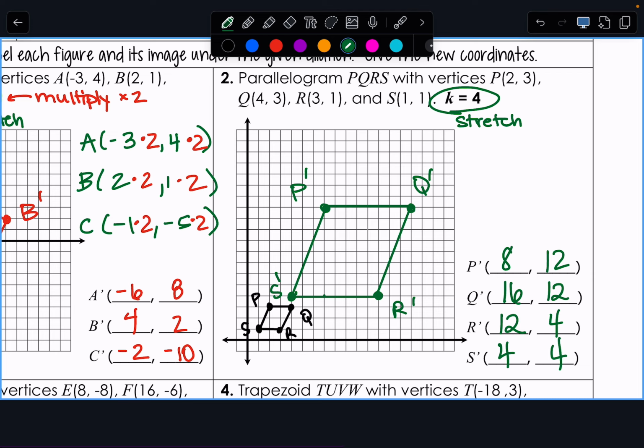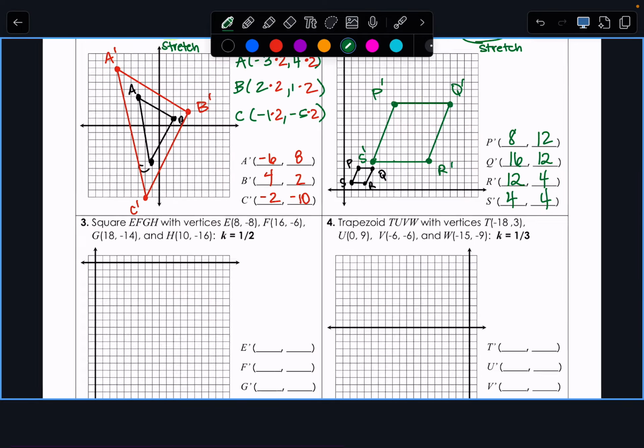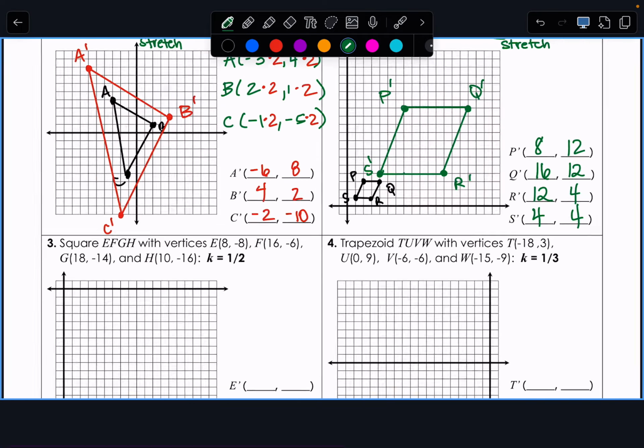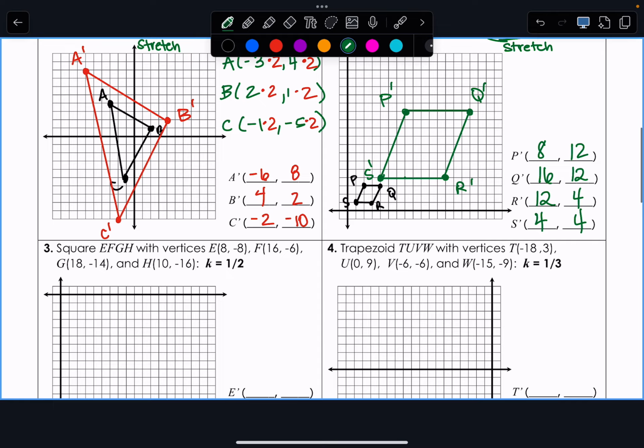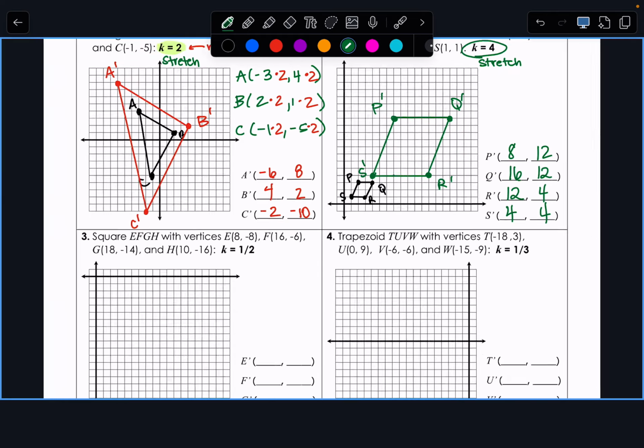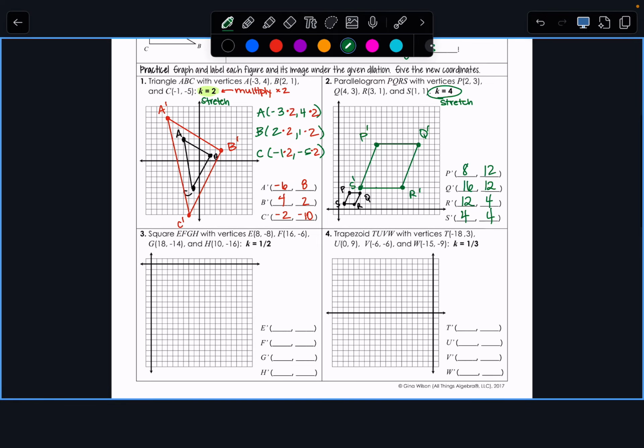Draw the next one. And why should I let you draw the next one? There's no numbers on here. Oh, sorry. Okay, I'll think about it.